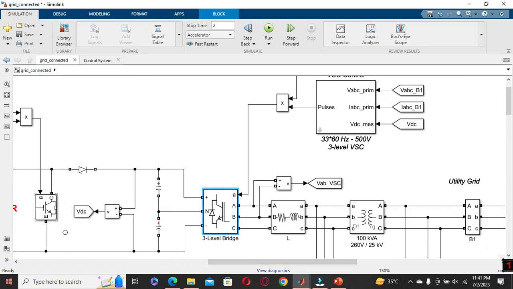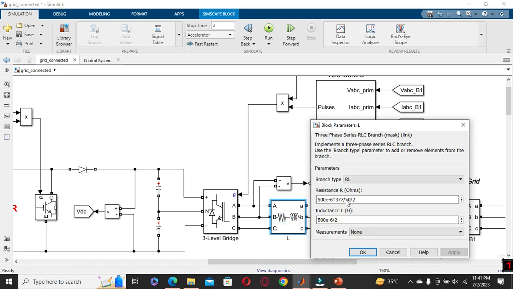Here our DC voltage will convert into AC voltage, and it is fed into the transformer and the line resistance. So this is our line parameter, like inductance and resistance in ohm.